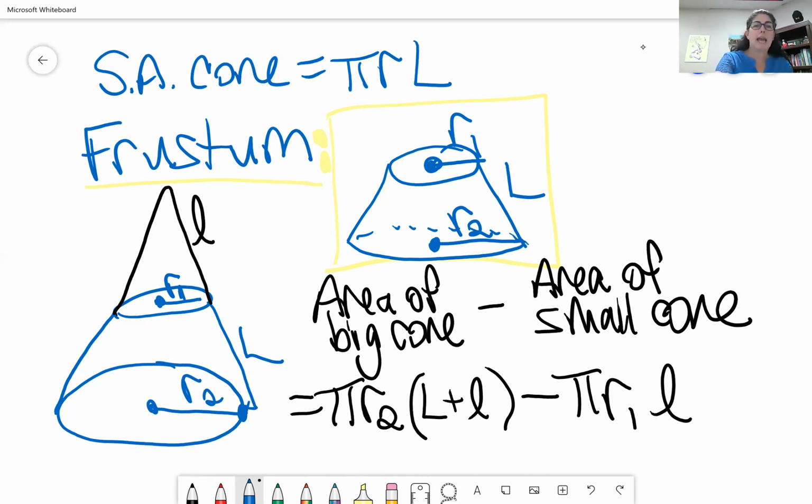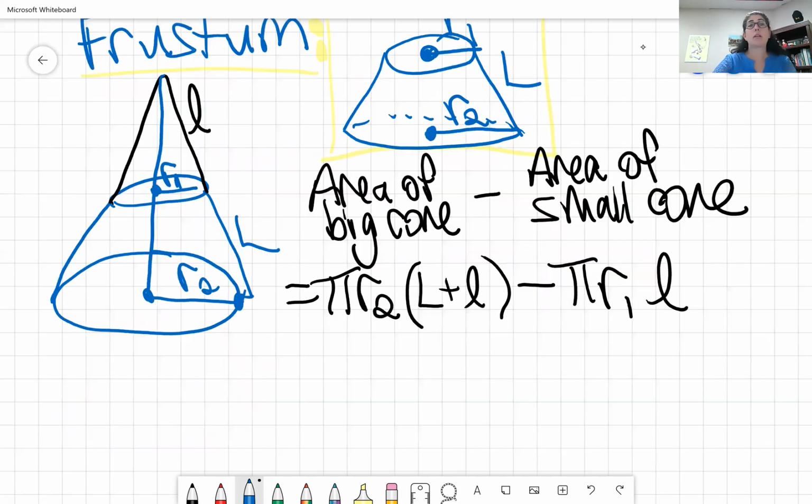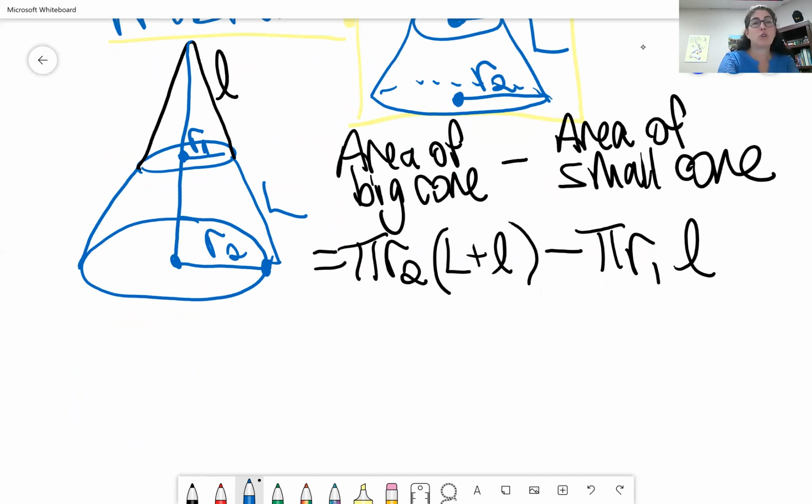So let's look at this big cone and see if we can get little l in terms of big L and the other r's. So I'm dropping an altitude right down in the middle of the entire cone. And what I've done now is, do you see it? I created similar triangles.